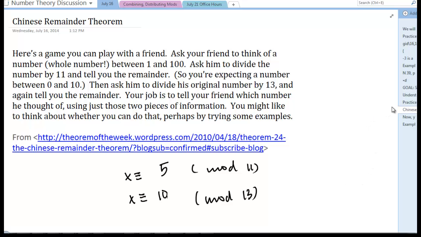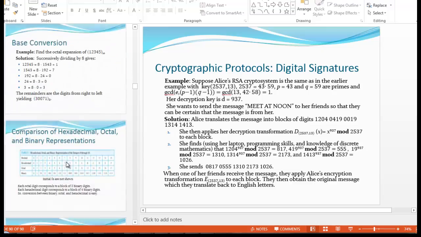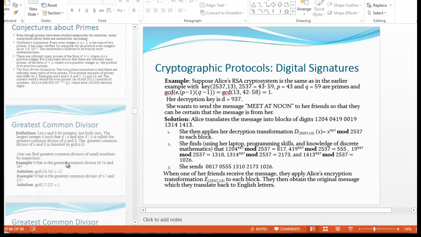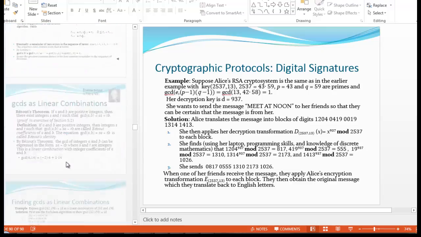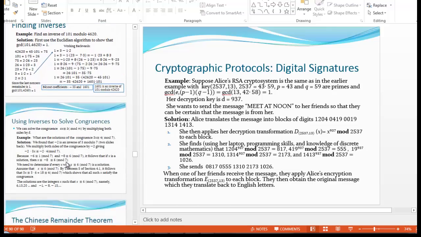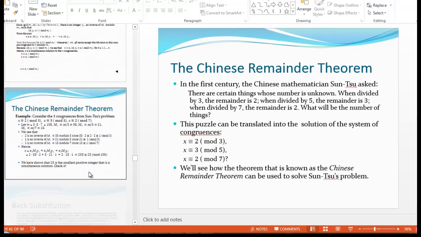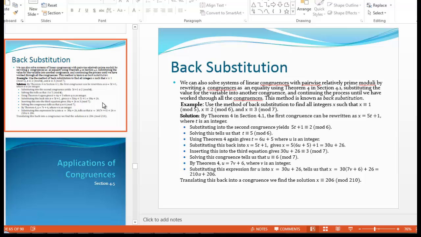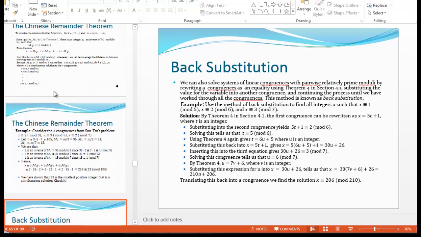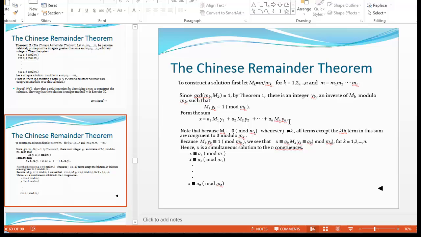If you want the Chinese remainder theorem, I think it's proved in these notes here, and also definitely in your text. It might be worth it to help this process make more sense. I guess it doesn't prove it in the notes, but it definitely proves it. Oh no, yeah, it does.